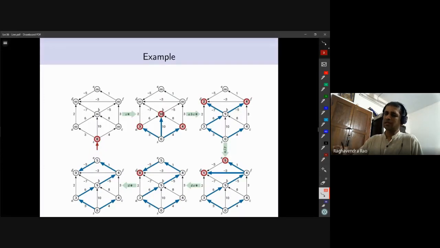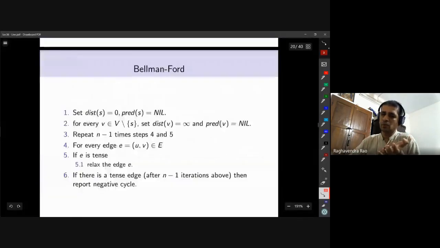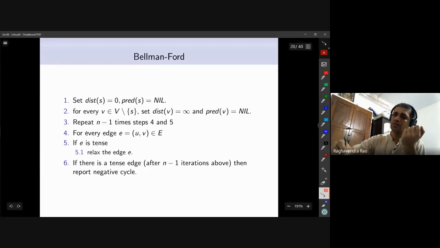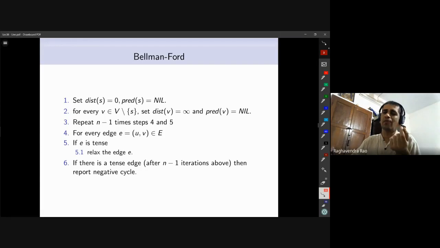The only issue there is, this is an improvement by Moore. That is the implementation he has shown. But for our purpose, it really does not matter. So the improvement: when you do the relax step, Moore observed that you don't have to apply relax on all of the edges. You'll only apply relax on things which are likely to have tense edges.